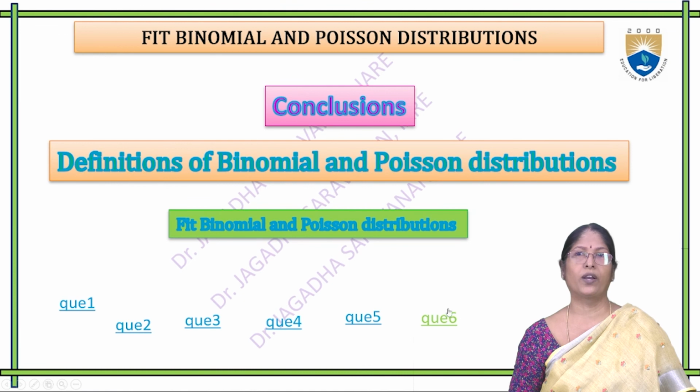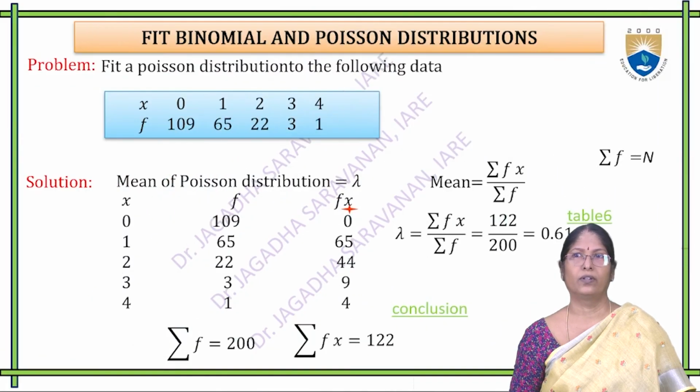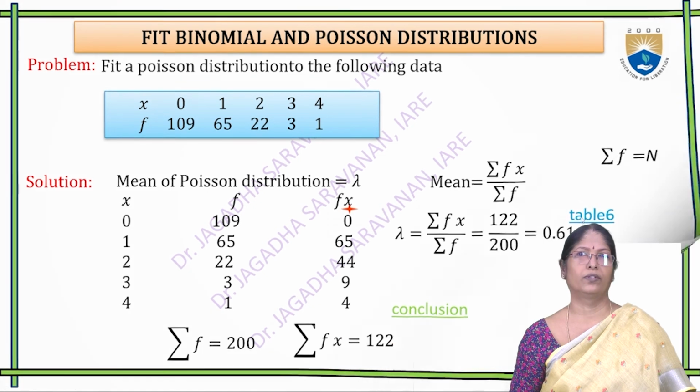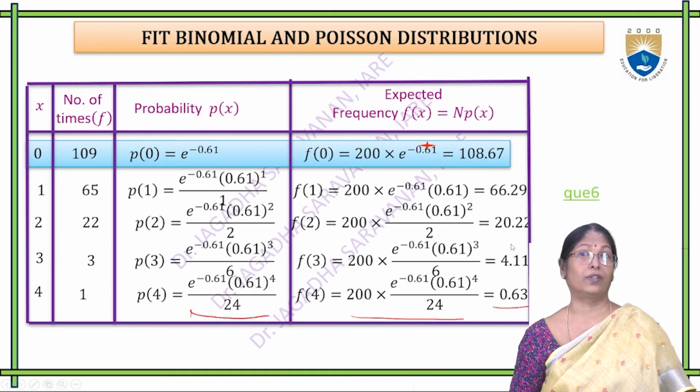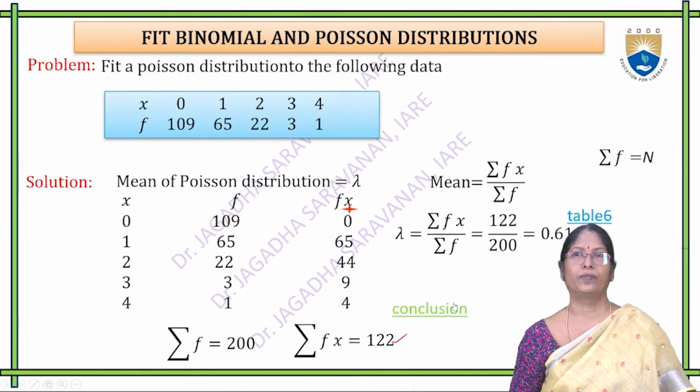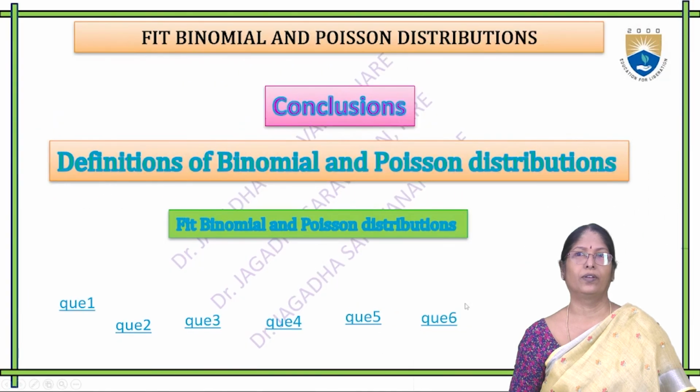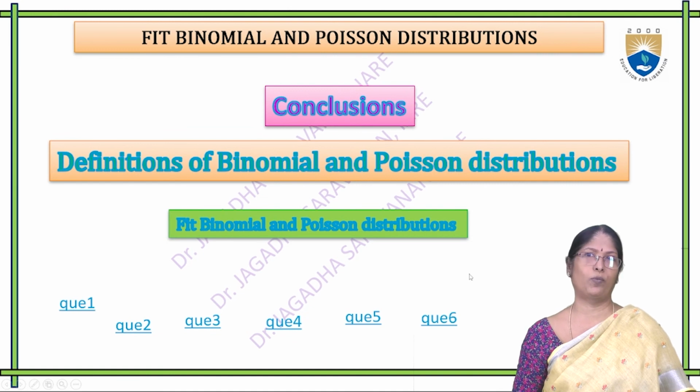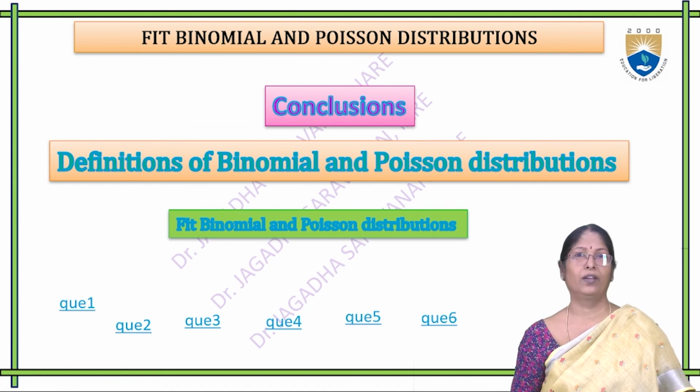The last one is Poisson, for which, yes, this is the table we constructed. Here the lambda value is 0.61. Yes, totally 6 problems we have done, binomial and Poisson.